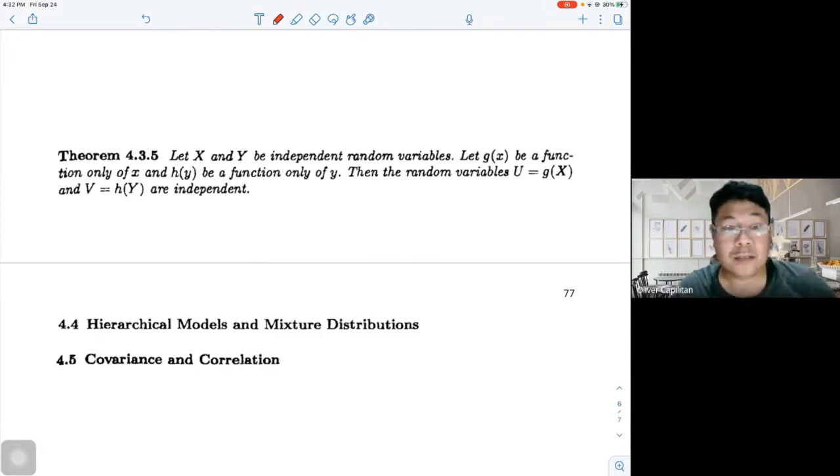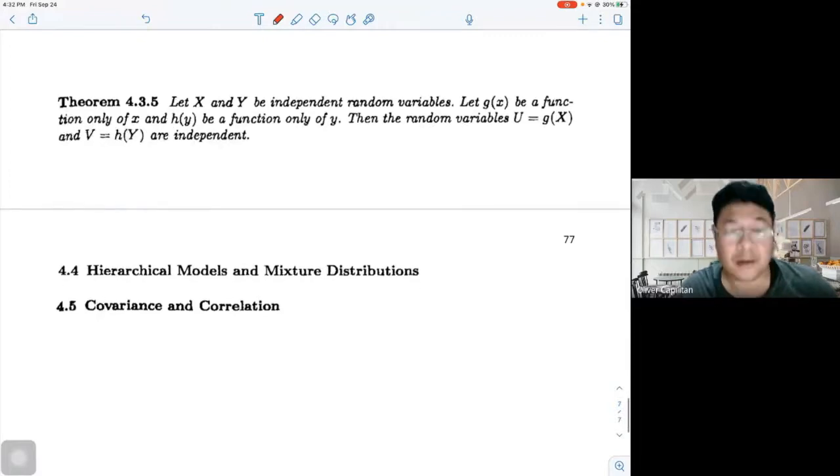We have this proof in theorem 4.3.5, in which if we have random variables x and y that are independent, a function of x and a function of y, these two functions are also independent.